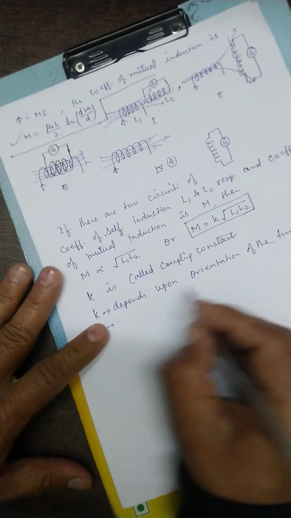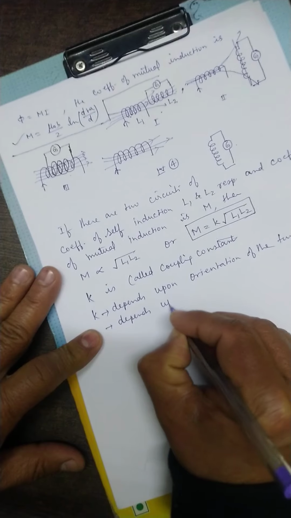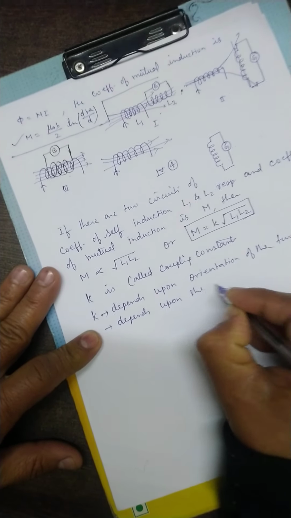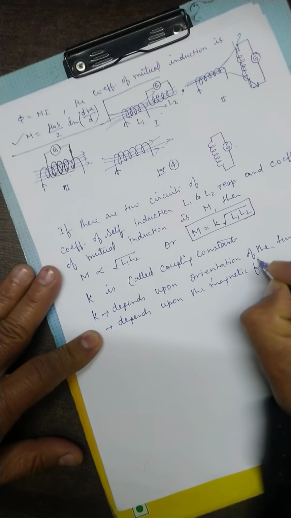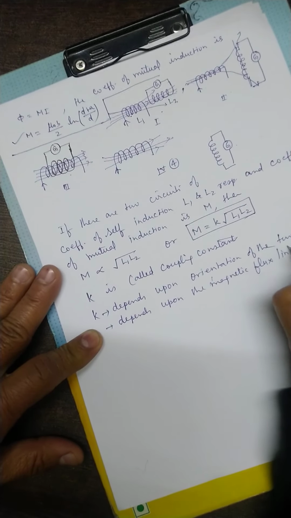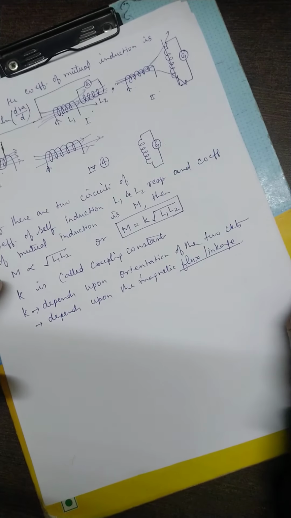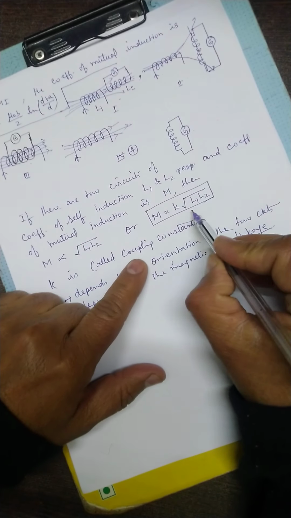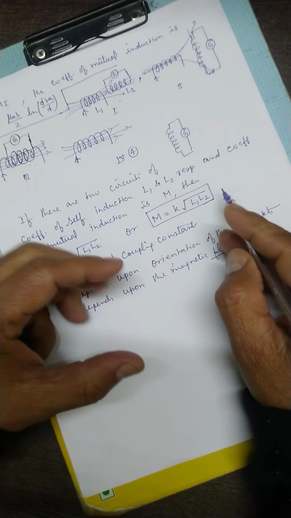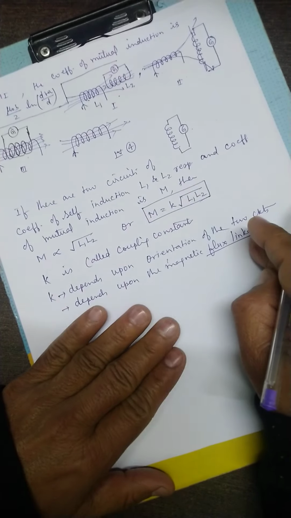It means it depends upon the flux, magnetic flux linkage. Magnetic flux linkage. This formula can be proved easily using two solenoids, and I will consider the complete flux linkage between them.